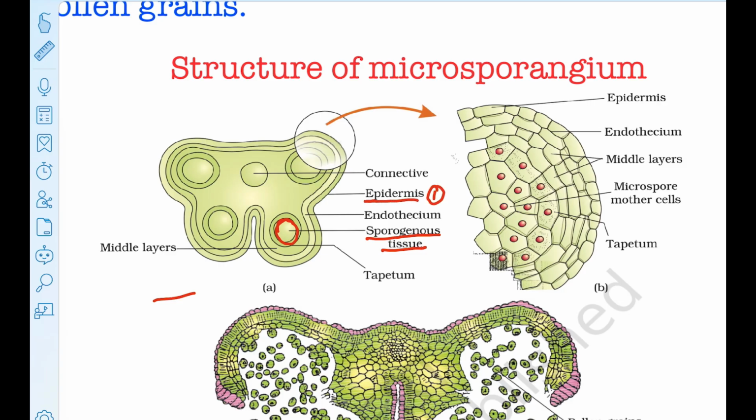It is the outer layer. Then inner to it is endothecium, and then there is a middle layer. Middle layers are present in one or more than one layer, and last one is tapetum. Okay, and here you can see connective. What is connective? That connects anther to the filament.